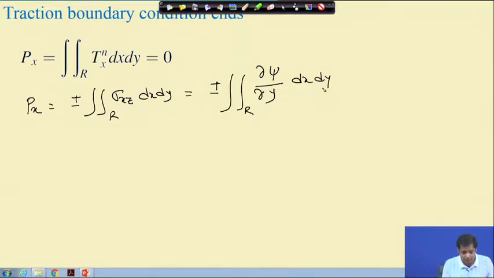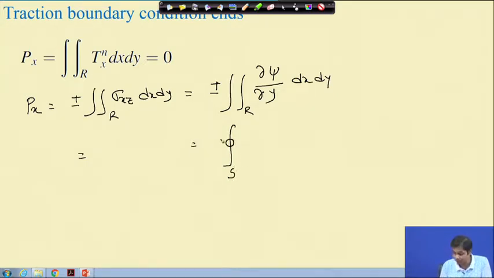Now, here we apply Green's theorem, which was already discussed when the concept of tensors was discussed in the second and third week. If you apply Green's theorem, this integration over the area becomes an integration over the boundary.